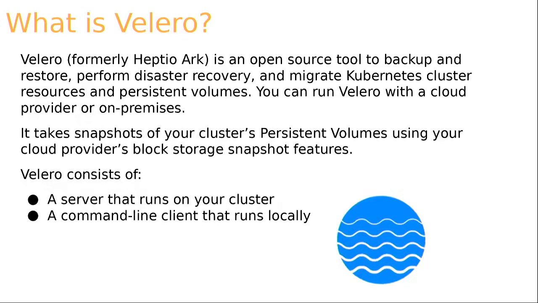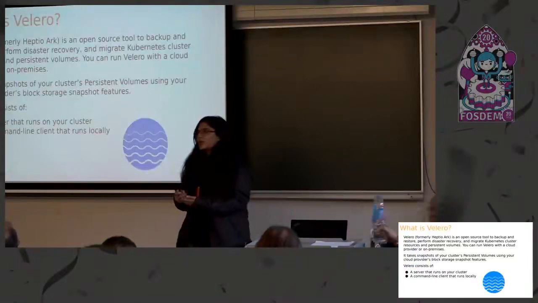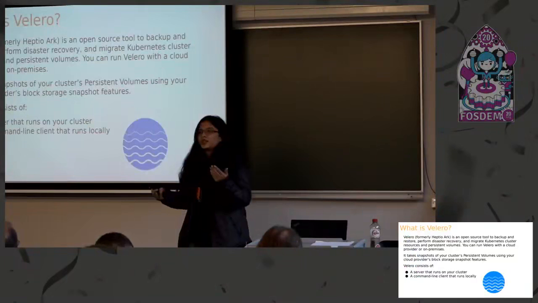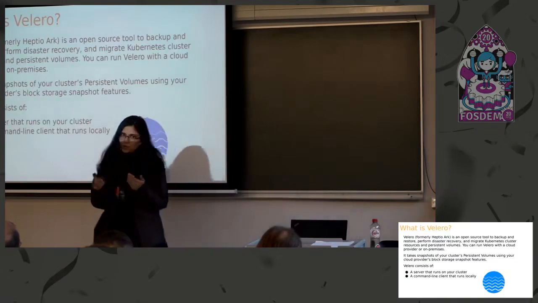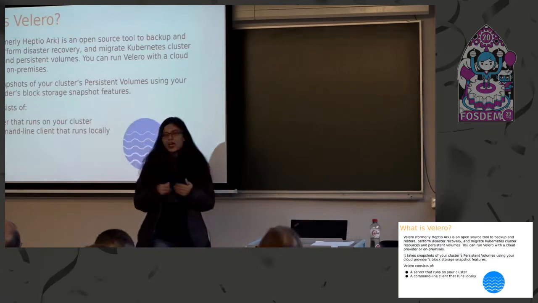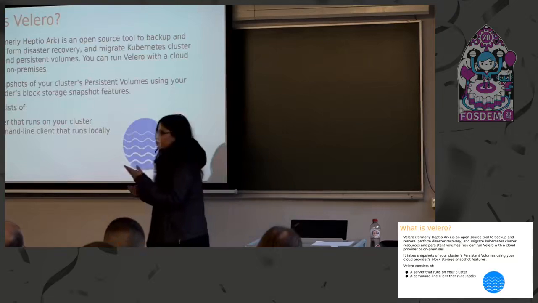For example, you have a Kubernetes cluster with applications running on it, and you accidentally delete a namespace, or your node is non-recoverable, or there's a node failure or a disk failure, and your data is lost. You don't want to be stuck in those cases. You want your resources and data to be safe somewhere, and mostly remotely.